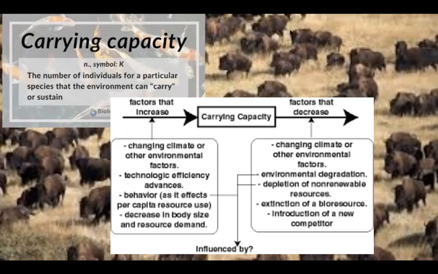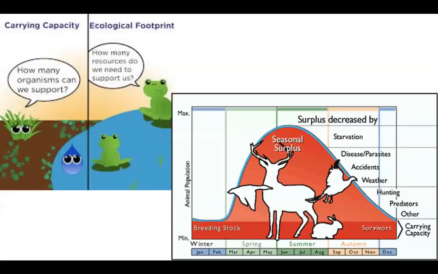And things that decrease the carrying capacity, again, climate and environmental degradation. When we plowed up that prairie, all those native grasses and native plants were gone, so that decreased the number of that population. They can become extinct. And we can introduce new competitors or, more probably, invasive species.